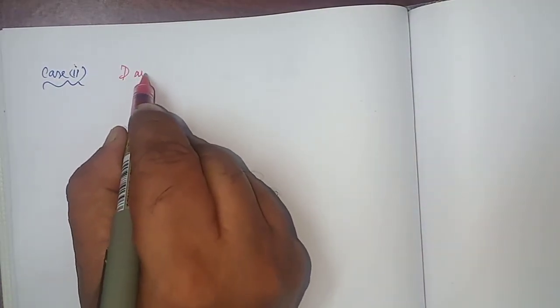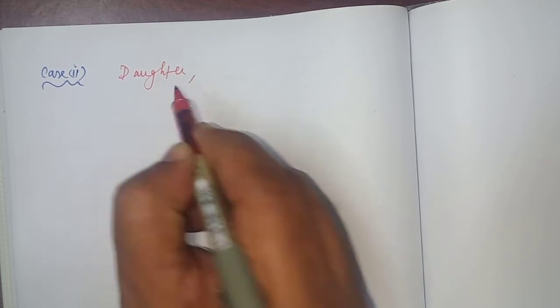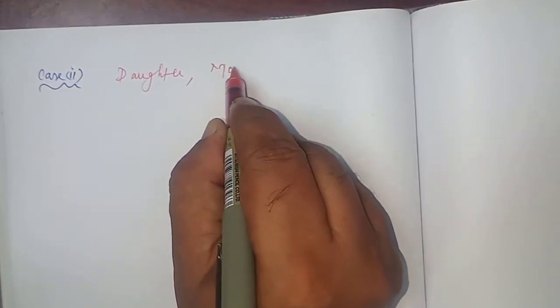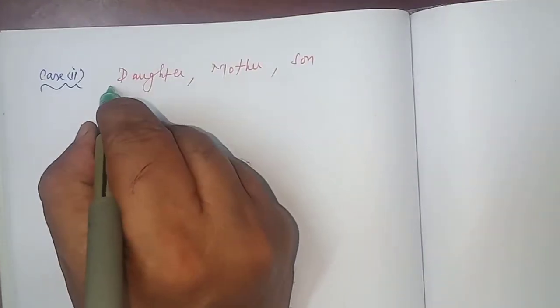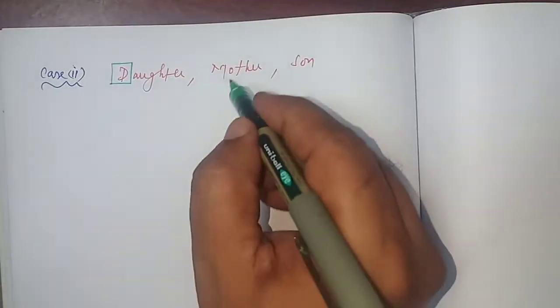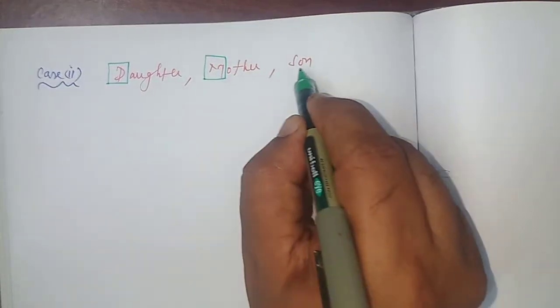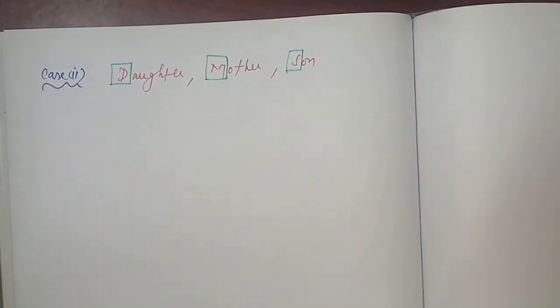Here also we have to consider 3 family members. I take daughter, mother and son. That is D, M, S. Okay.